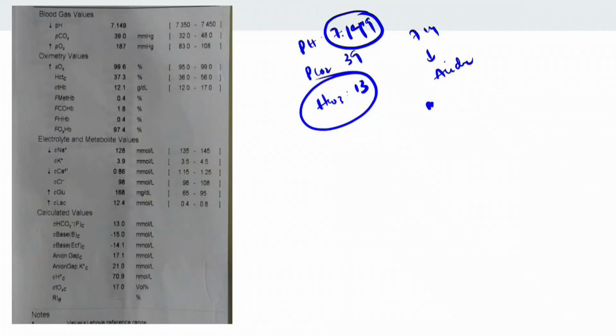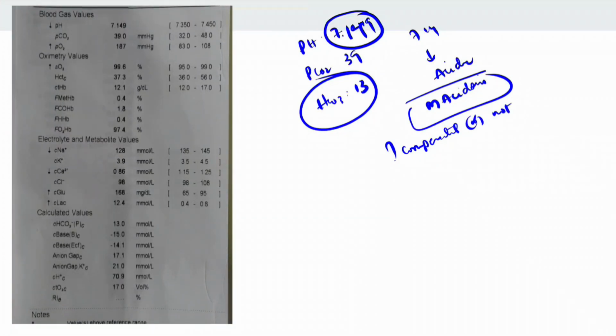So it is metabolic acidosis. Next we should look for whether it is compensated by the respiratory system or not. The formula for compensation in metabolic acidosis is PCO2 equals 1.5 times HCO3 plus 8, plus or minus 2.